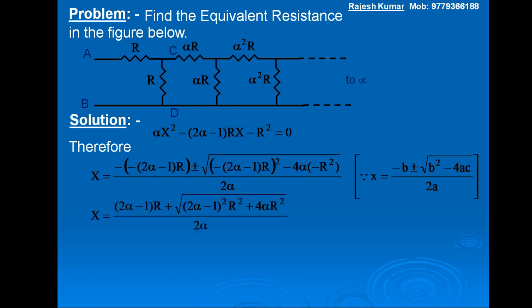So we get x is equal to 2 alpha minus 1 into capital R, as minus into minus become plus.